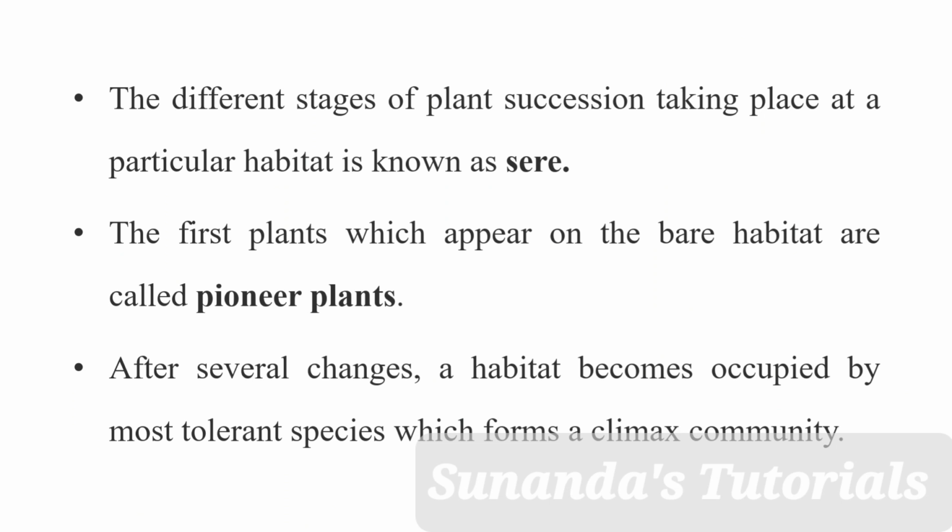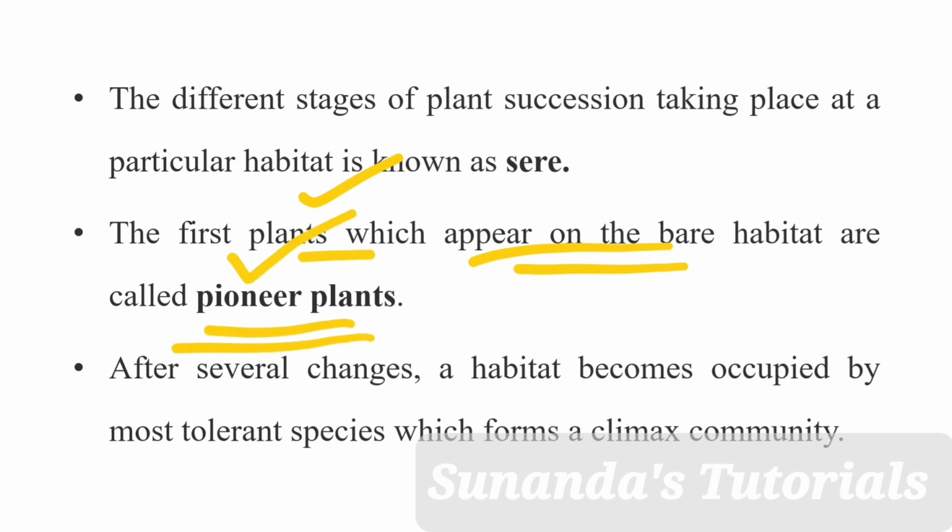It consists of many stages, and each stage is known as a sere. The succession always starts at a bare land by the process of nudation, where no community lived earlier. So the first plant or first organism which appears on that bare land is called the pioneer community, or pioneer plant, pioneer animals, or pioneer colonizer.